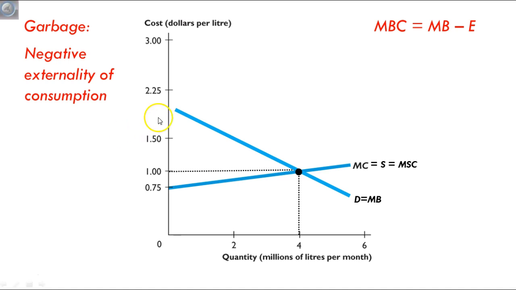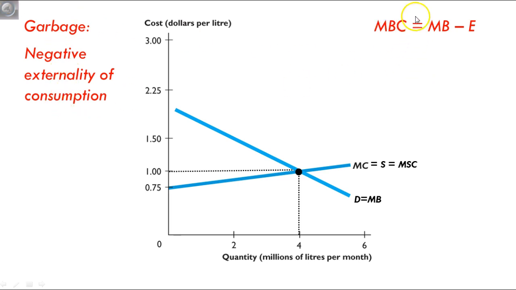So here we have the demand for some product, whatever it is. So let's say it's milk. We've got millions of litres per month. So this is the demand for milk, and we've got the marginal cost of producing the milk. And we're going to say that there's a negative externality of consumption.